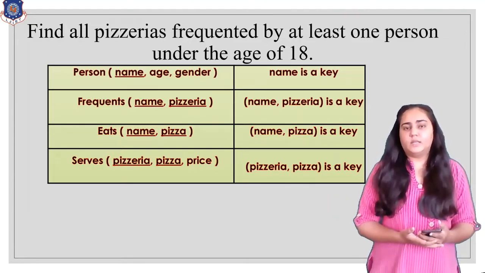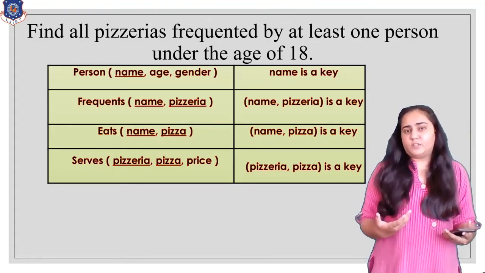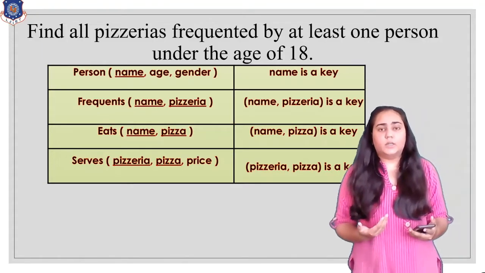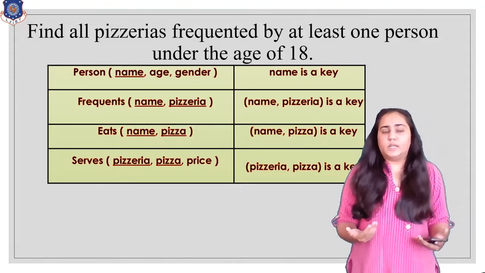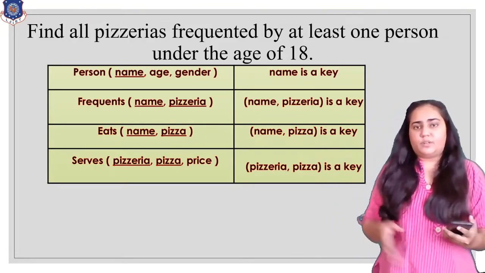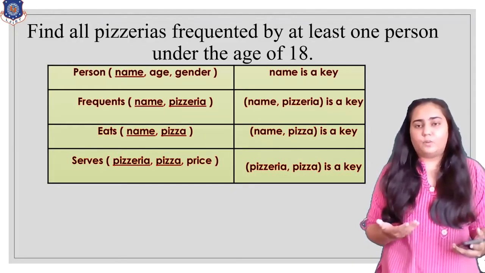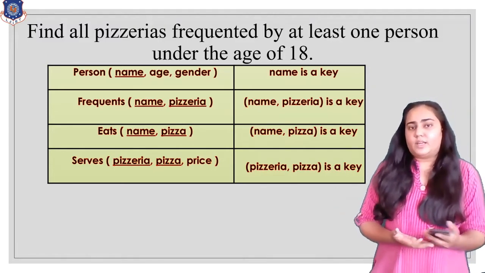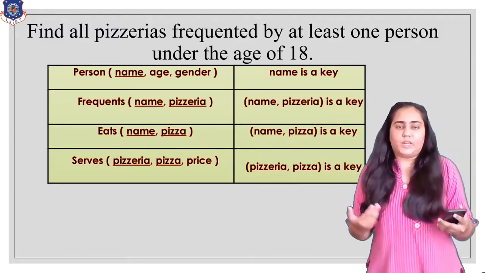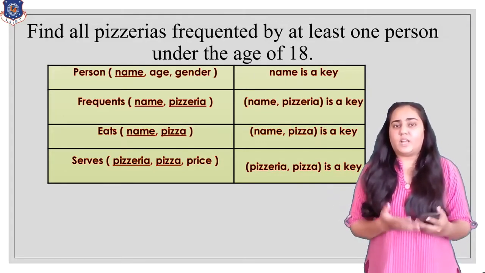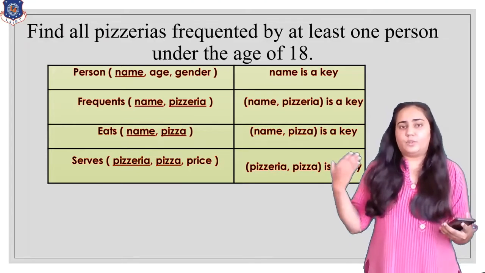The second thing is the age of the person is given, which is less than 18. And if I want to use that, I have to use the person table. So let's say that I'm using the person table, which is fixed. Which other table can I use with the person table? Like I said, I need pizzeria, which I can get from frequents or serves, but serves does not have any column that is common with person.